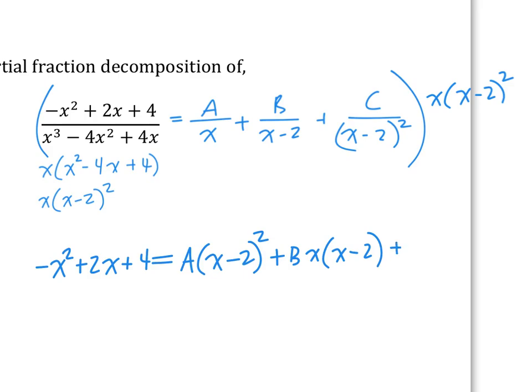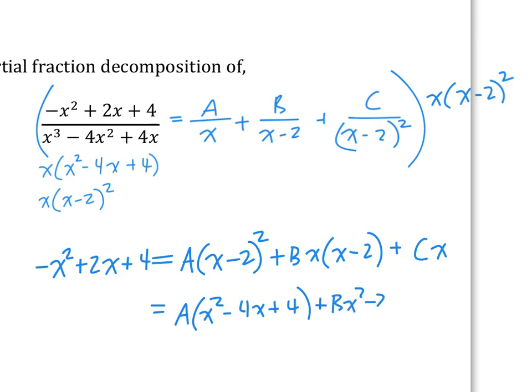Okay, and then the C term, Cx. This is just going to be long because now you need to FOIL that x minus 2 squared. Please don't distribute. And then you need to make all the ones that look the same together. Okay, x minus 2 squared is x squared minus 4x plus 4. This you need to FOIL.